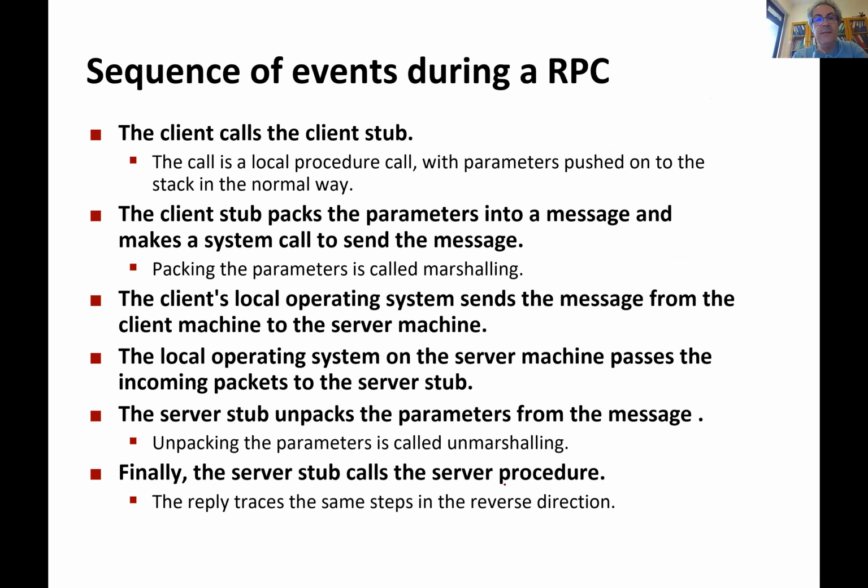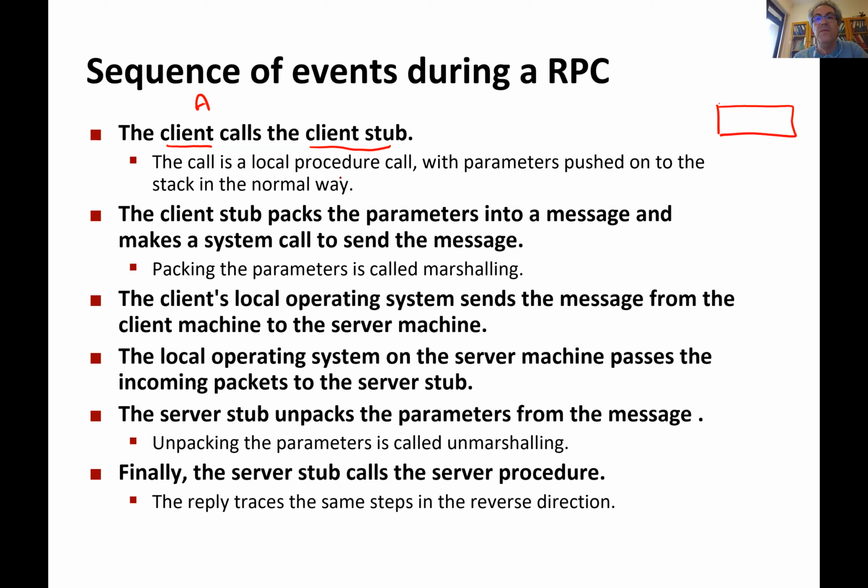And this is a detailed version of what I have told. What we actually have is the client, in this case process A, which calls what we call the client stub. A stub is essentially an empty placeholder. Instead of making a direct function call, you make a function call to the client stub, which is a placeholder, okay?